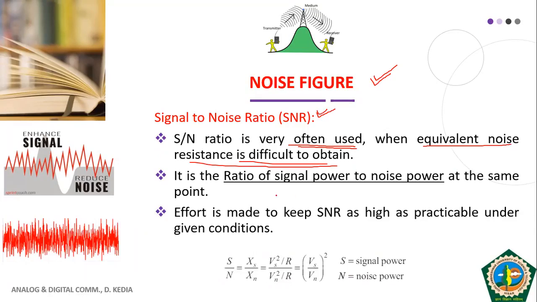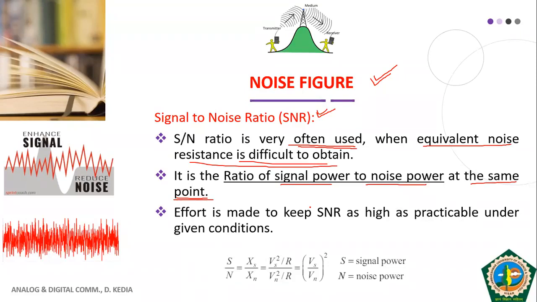This SNR is the ratio of signal power to the noise power, and that too at the same point. This is very, very important. Practically our effort is to keep this signal to noise ratio as high as practicable. The larger the value of signal to noise ratio, the better is the system.